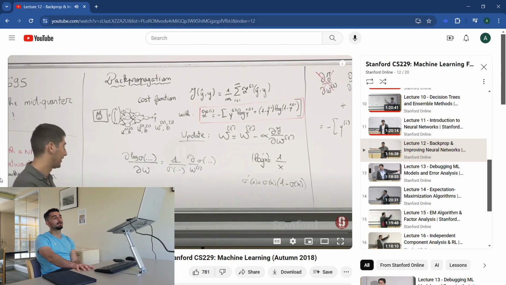So wait a second, okay. Ln of sigmoid, sigma prime over sigma will be... okay, so sigma prime over sigma times 1 minus sigma is 1 over sigma plus 1 over 1 minus sigma.